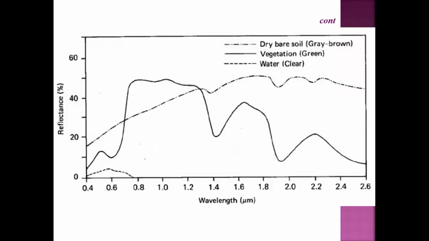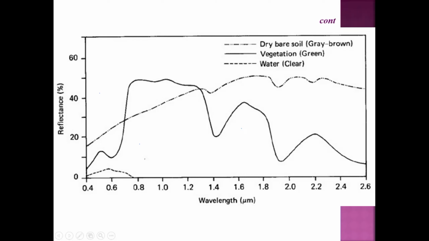Here you see, for example, this is the spectral signature. This graph is very important, and many questions are asked from this graph. We need to understand this graph first. Here this one is vegetation. In vegetation, you will see that there are 2 points where it is absorbing the maximum light, in the blue and the red.